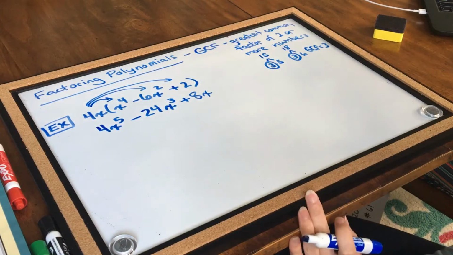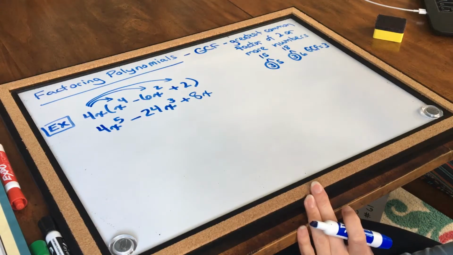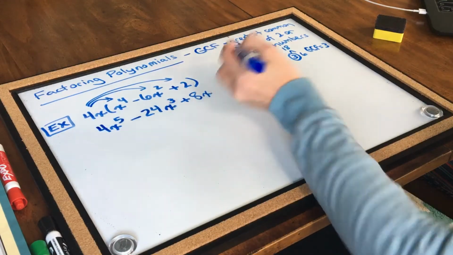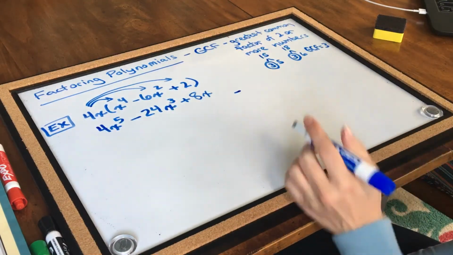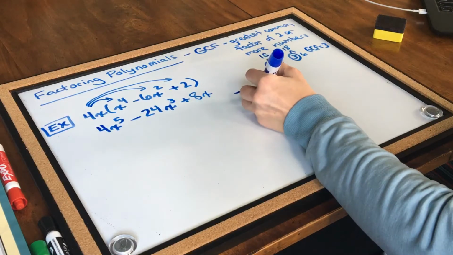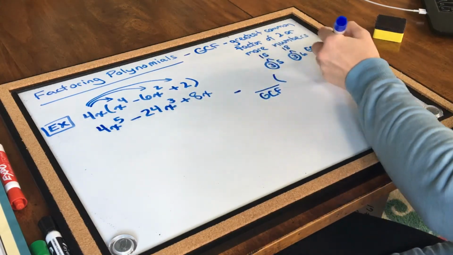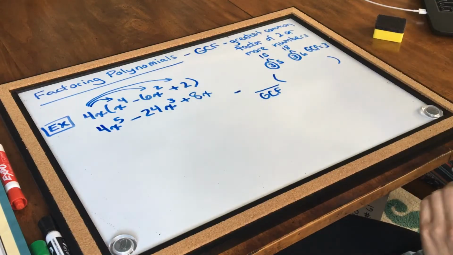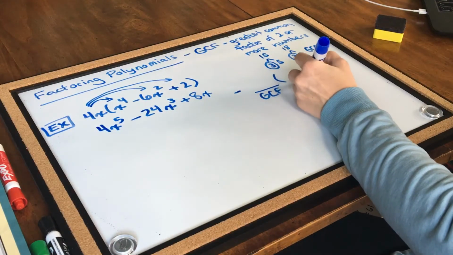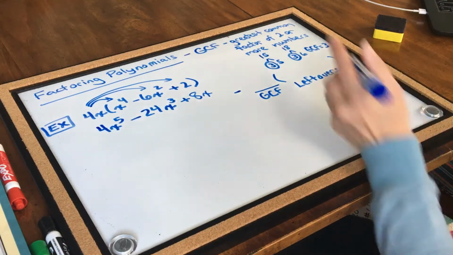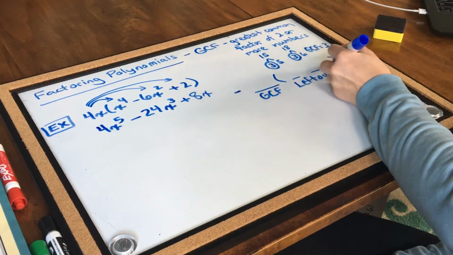What we're going to be doing when we factor an expression like this, what we're going to be looking for, so your goal is going to be your GCF, which is going to go out in front of the parentheses, and your leftovers, so whatever is left after you factor out your greatest common factor is going to go inside the parentheses.